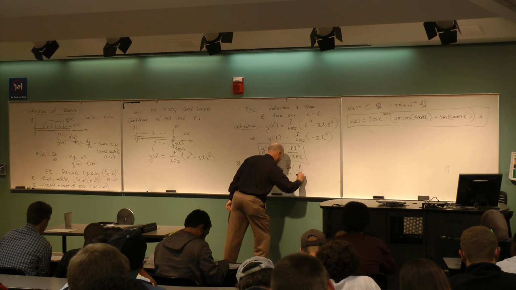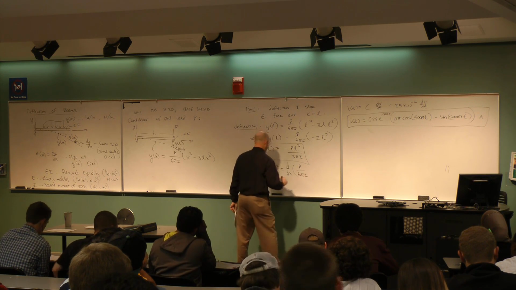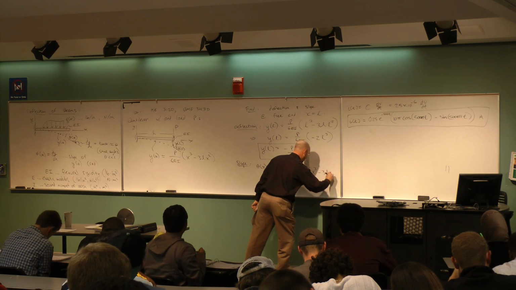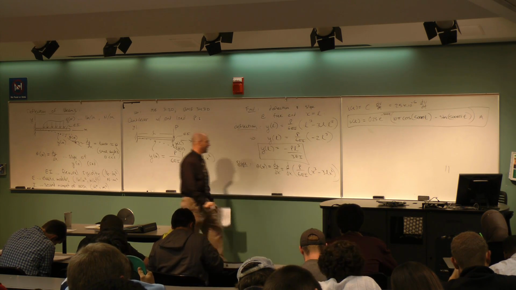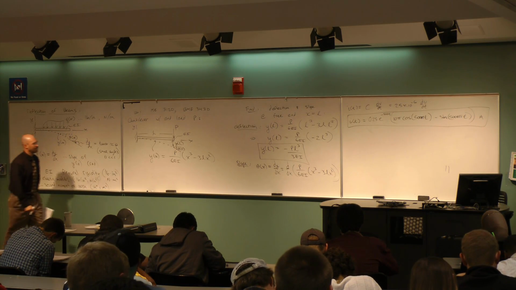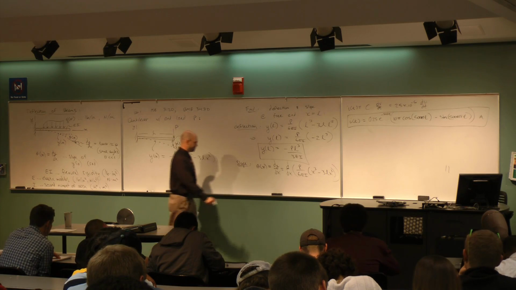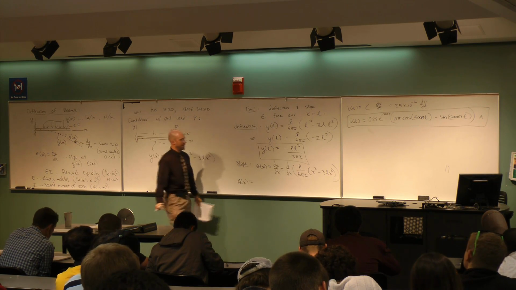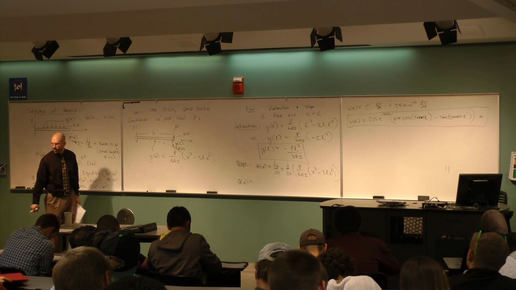Deflection is P over 6EI, and I got x cubed minus 3Lx squared. So I need that derivative. Somebody help me out. Theta of x. What do I do with that P over 6EI out in front there?